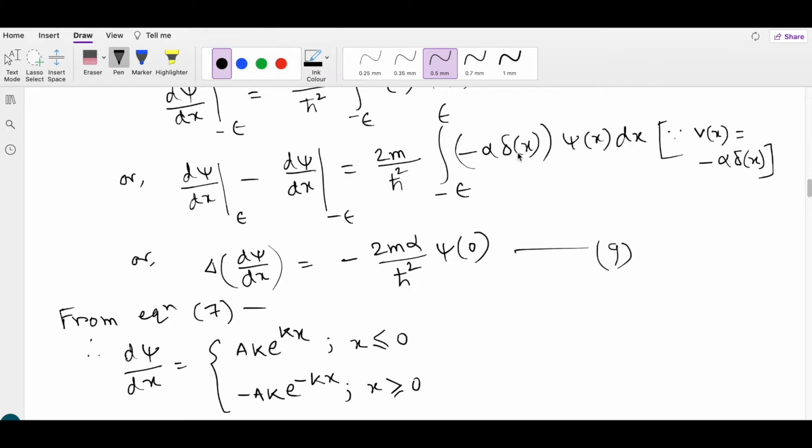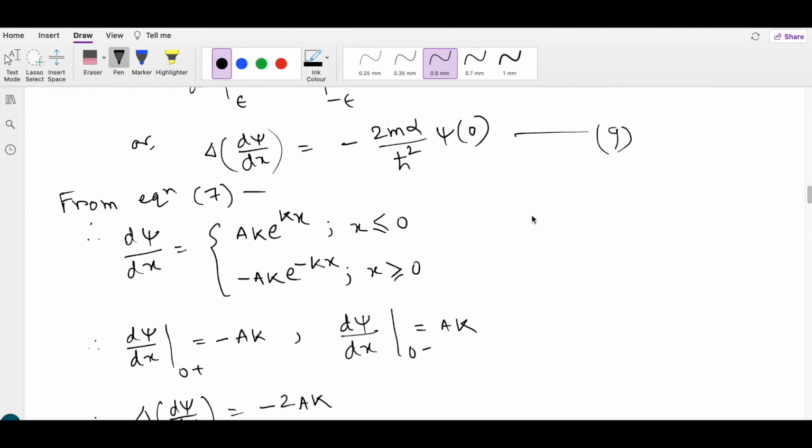And we know that this is a very peculiar, or we can say an important property of the delta function, that it picks the value of the function at the point where the peak of the delta function exists. In this case, the peak of the delta function is at x = 0, so it will pick ψ(0) out of this integration. So we have done the same thing here, ψ(0).